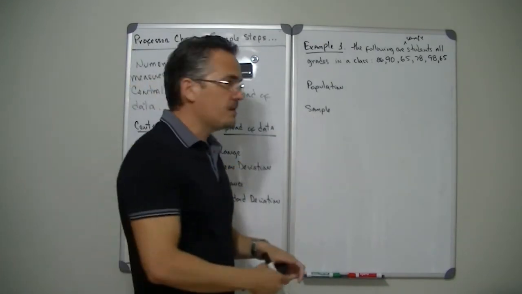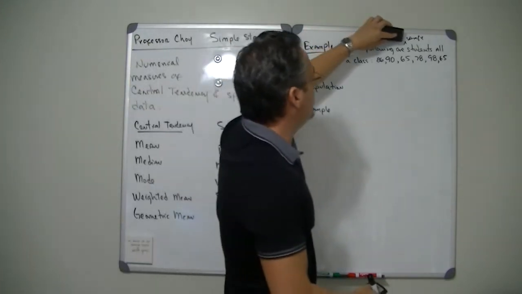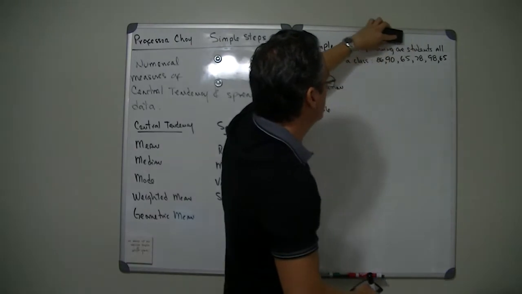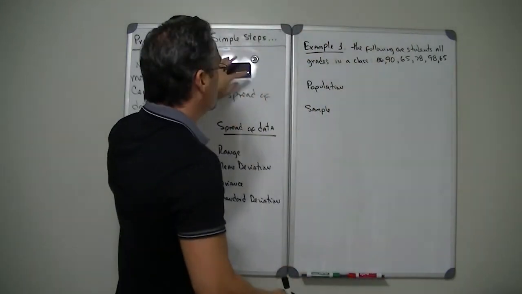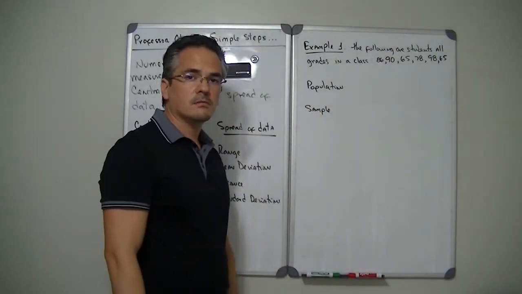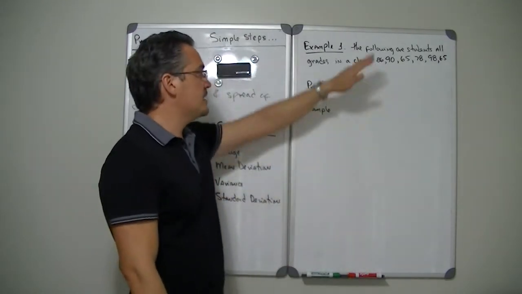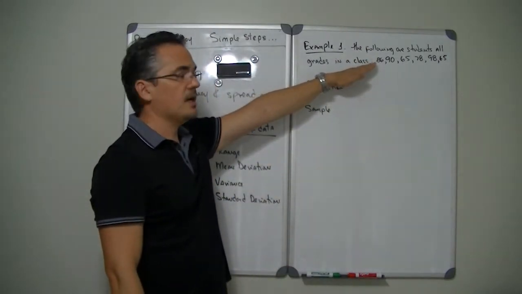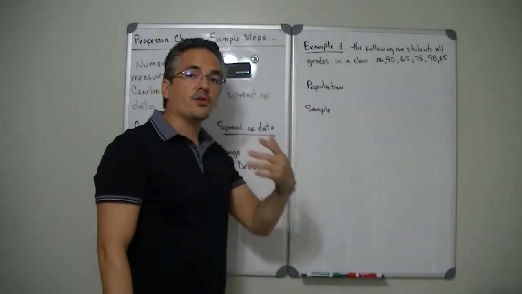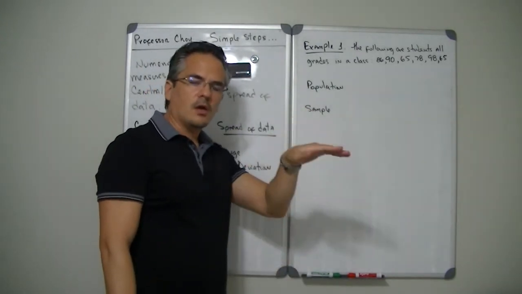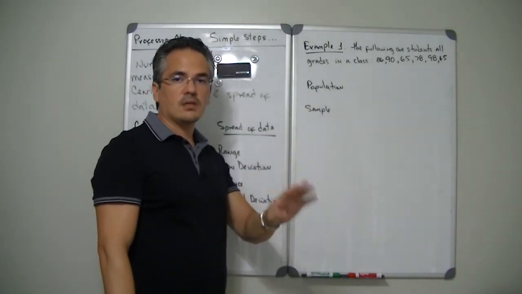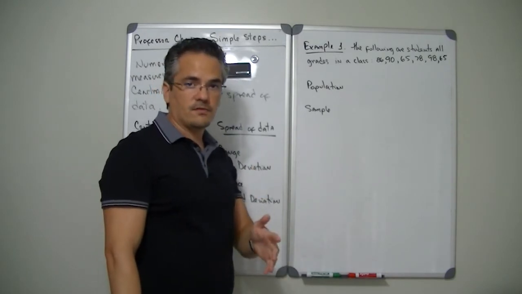In this case, we're just going to do population, because we defined this as basically being everyone in my class. Therefore, you follow the population formula for mean, median, mode, etc.